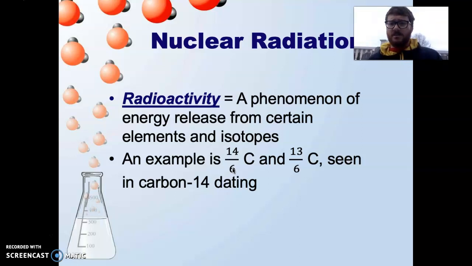Chemically, they act the same, look the same, etc. But when you study nuclear energy and nuclear chemistry, you can see that carbon-14 acts wildly different. Well, why? Because that extra neutron makes it just a little bit too large to be stable.